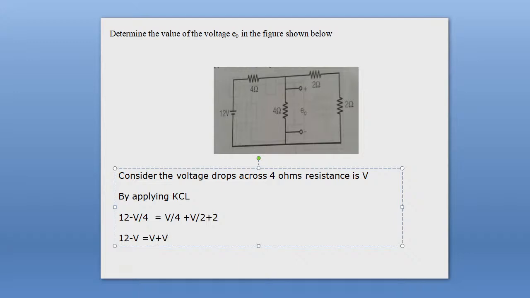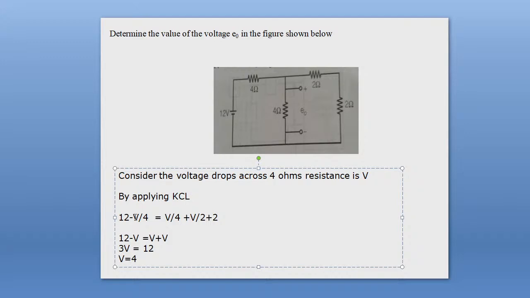You see on both sides the 4 is in the denominator, so they will be cancelled out. So you can write 3 capital V equal to 12. So ultimately you will get capital V equal to 4 volt.